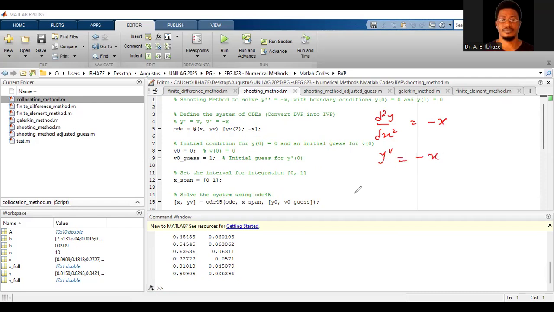So for us to do this conversion, if y prime prime is the same as negative x as we have here, then should y prime be the same as v, for instance, then v prime, which should be the same as y prime prime, will be the same as negative x. So now we have two initial value problems to solve. And should we invoke the ODE45 function from MATLAB, then this could be addressed using the fourth order Runge-Kutta method and the likes.